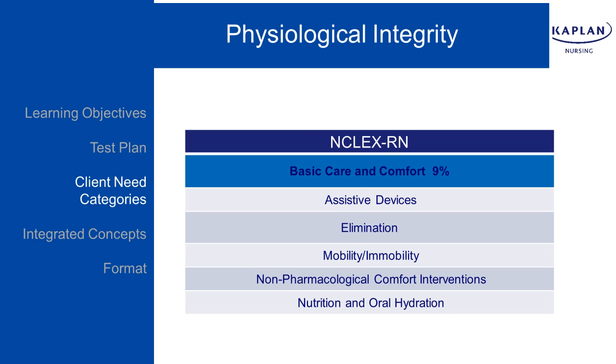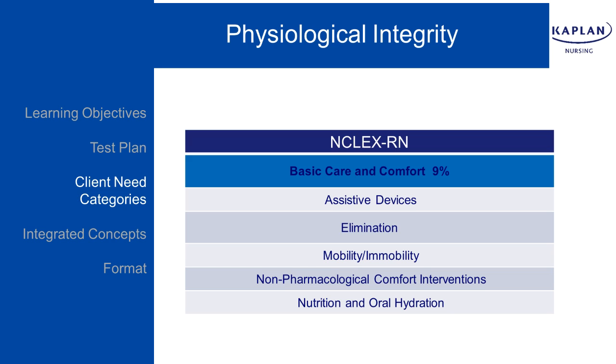So when you look at the questions that you will be offered from health promotion, psychosocial integrity, and basic care and comfort, these are the smallest areas in terms of weighting on the NCLEX-RN examination.